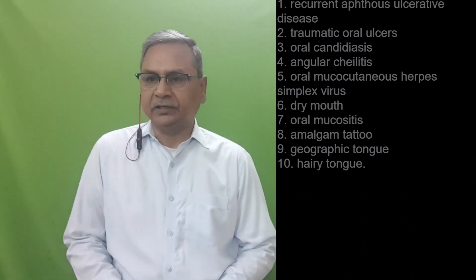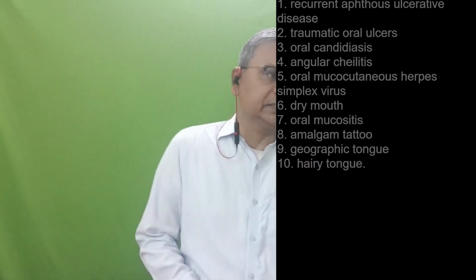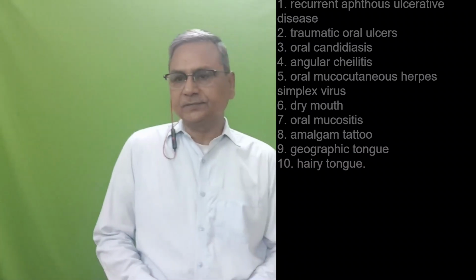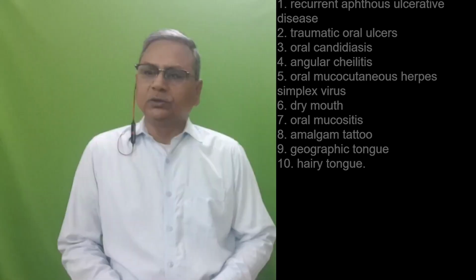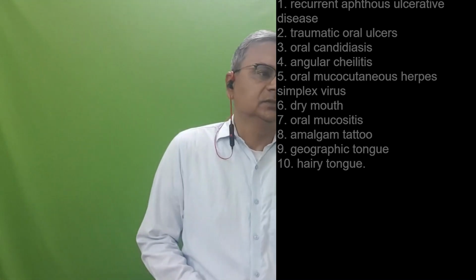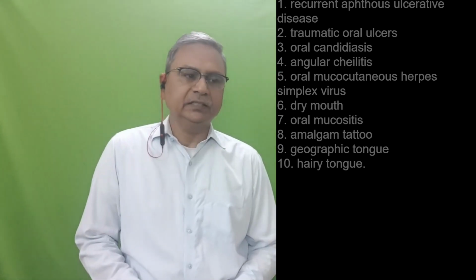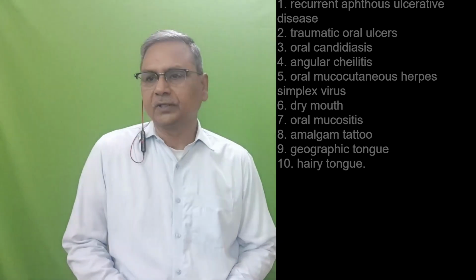These conditions are recurrent aphthous ulcerative disease, traumatic oral ulcers, oral candidiasis, angular cheilitis, oral mucocutaneous herpes simplex virus, dry mouth, oral mucositis, amalgam tattoo, geographic tongue, and hairy tongue. There are physiological causes of oral mucosal discolorations, for example, Fordyce spots, which are ectopic sebaceous glands, and leukoedema, which do not require active management.